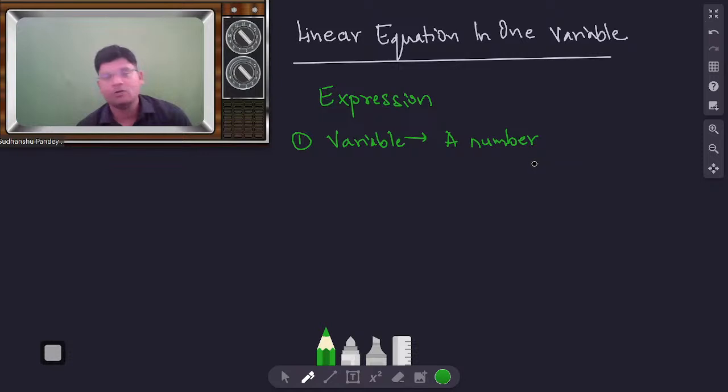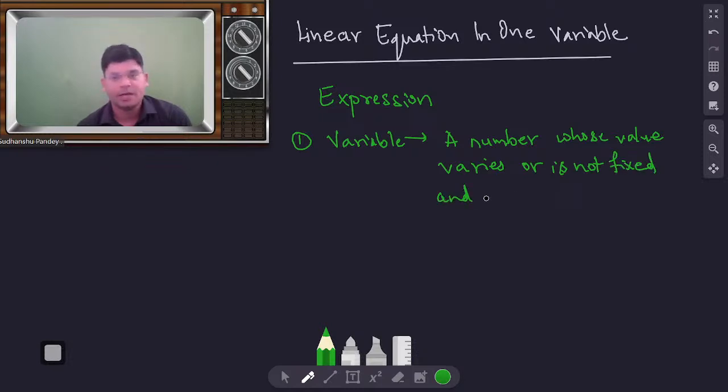First of all, write down: a variable is a number whose value is not fixed, or we can say whose value varies, and is represented by an alphabet.